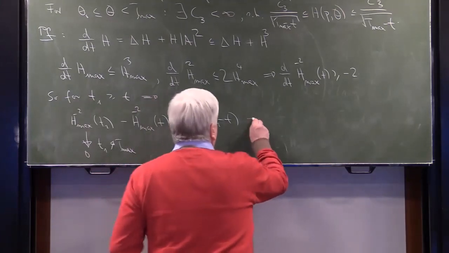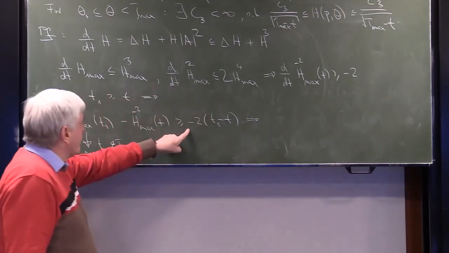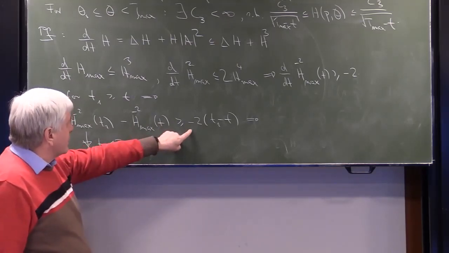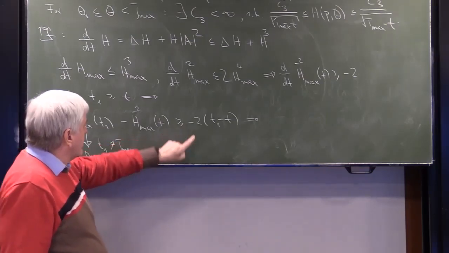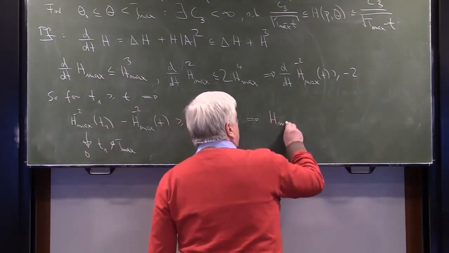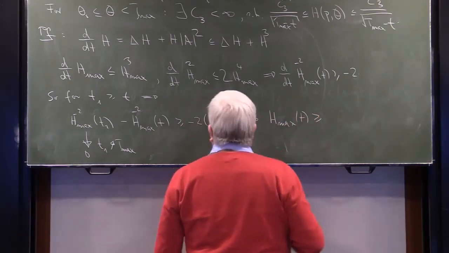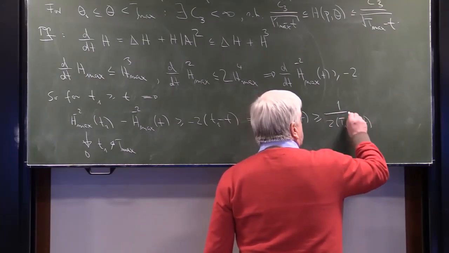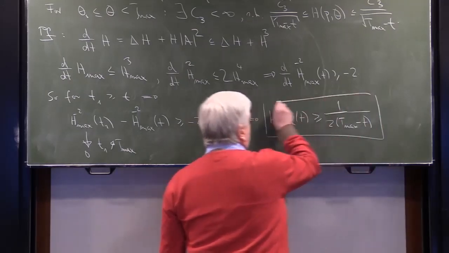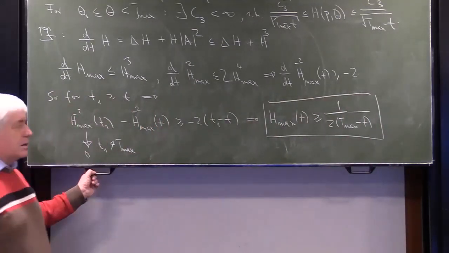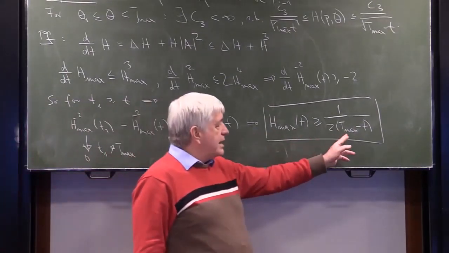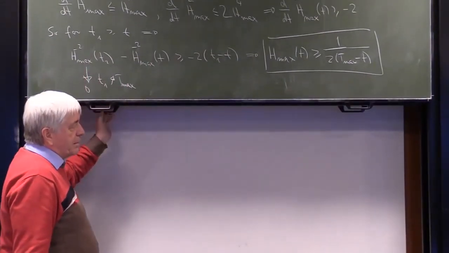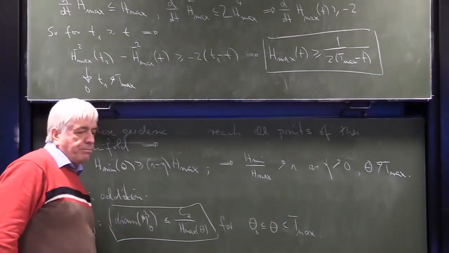So we get from here a bound on h max to the minus 2 from above, which gives us a bound on h max of t from below by 1 over the square root of 2 times the remaining time. So we know that the maximum has to blow up at least at this rate. It cannot blow up at a lower rate, just by a simple comparison with the ODE.